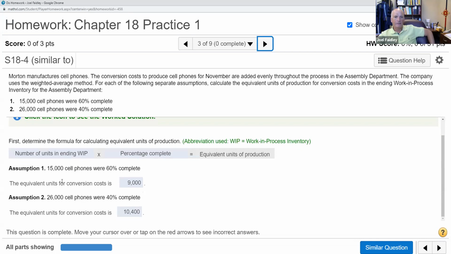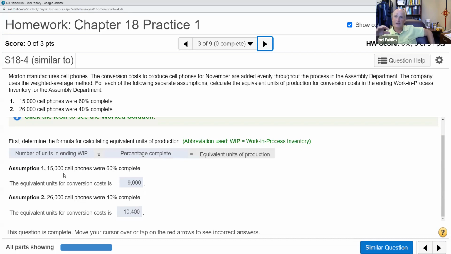All right, here's a cell phone question. 15,000 cell phones, 60% complete, meaning if I walked out into my factory and saw 15,000 cell phones being refurbished, right? In fact, I just bought a refurbished iPhone. So 15,000 cell phones, 60% complete, that's a theoretical costing technique.